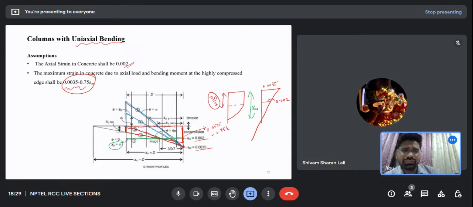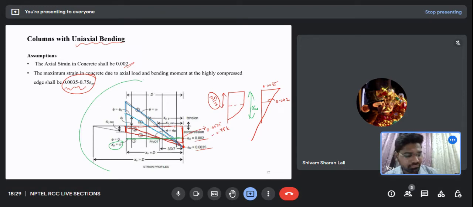This strain distribution diagram is important if you want to understand from where the moment interaction curves for columns are derived. If you understand this strain diagram, it would be very easy for you to understand the derivations of the interaction diagrams.